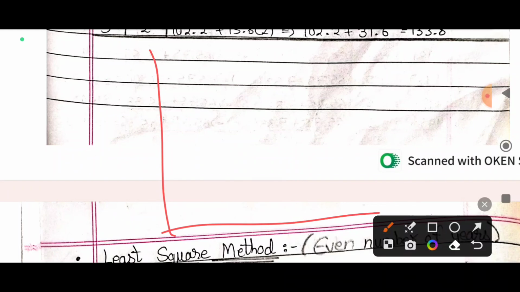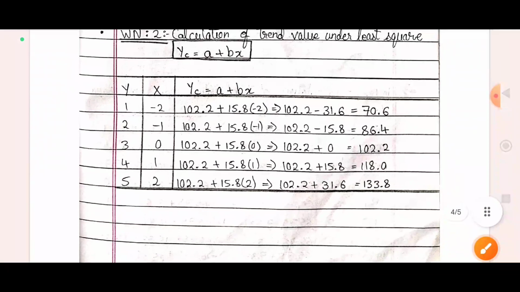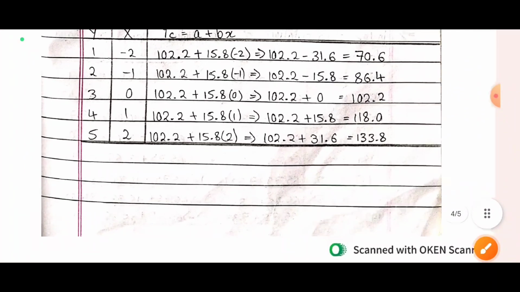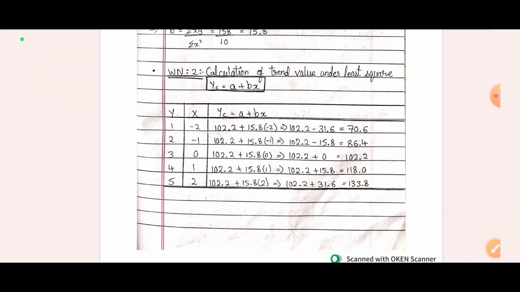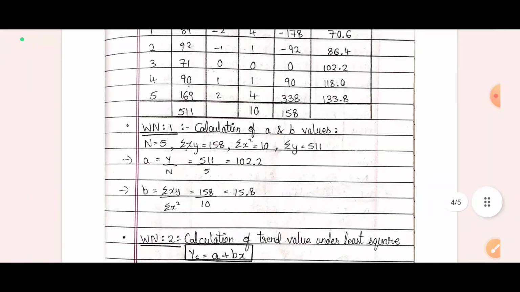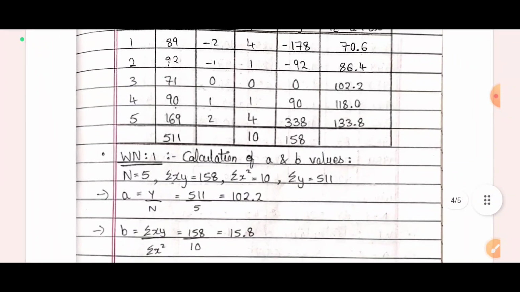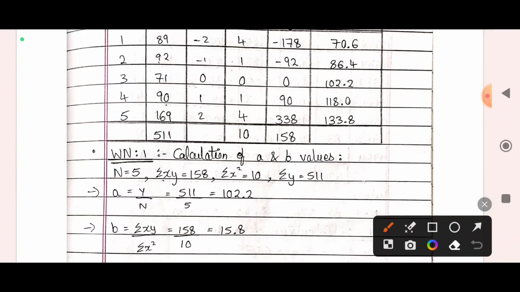So in the details, let us draw the line here. I am drawing the line over here.